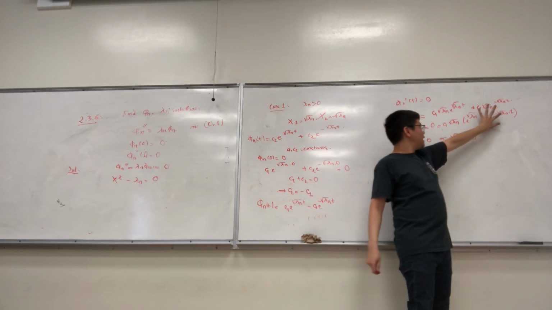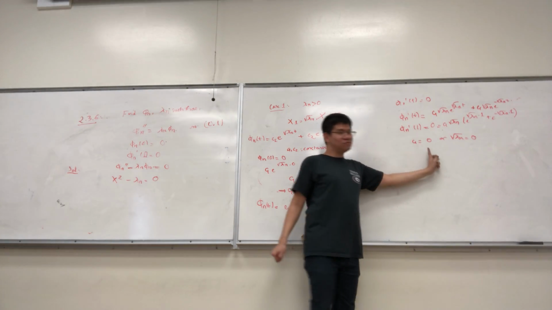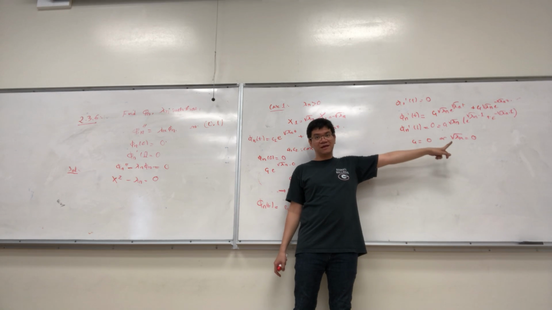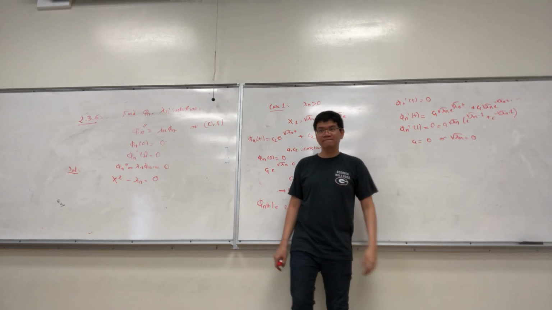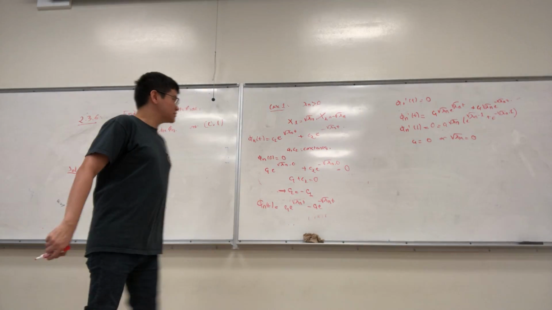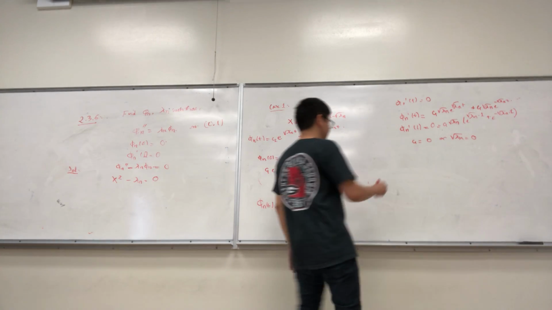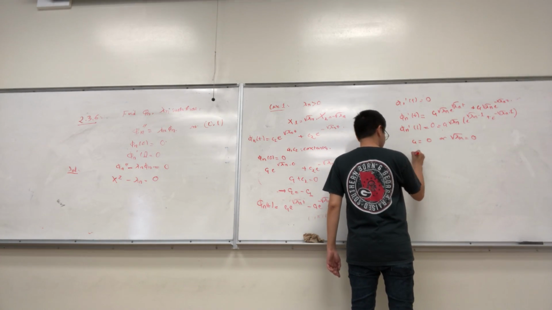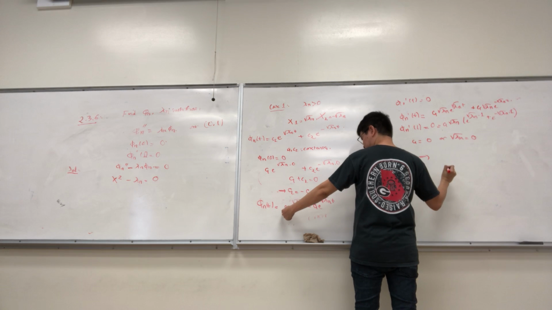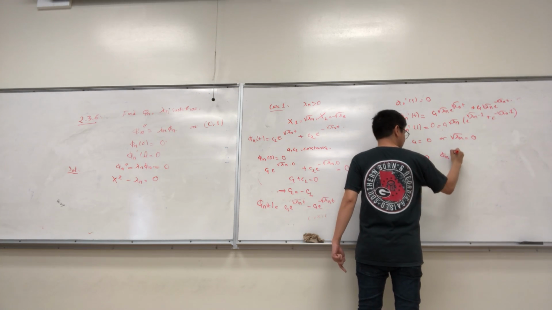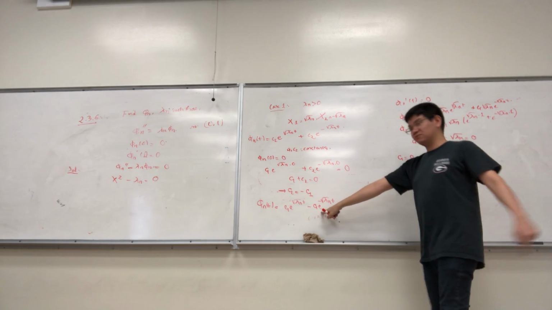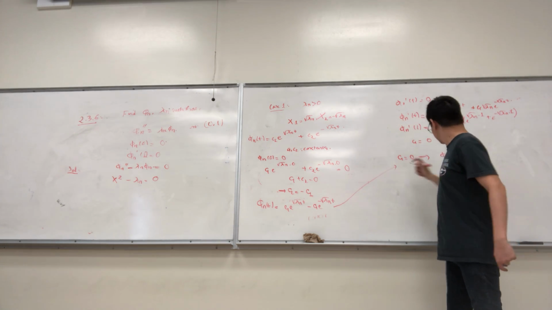So this term is strictly positive, meaning that C1 is 0 or square root lambda n is 0. If C1 is 0, you replace it here, so phi n t is also 0. So phi n t is 0.